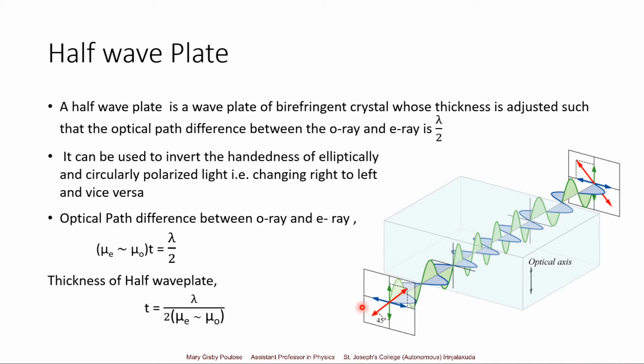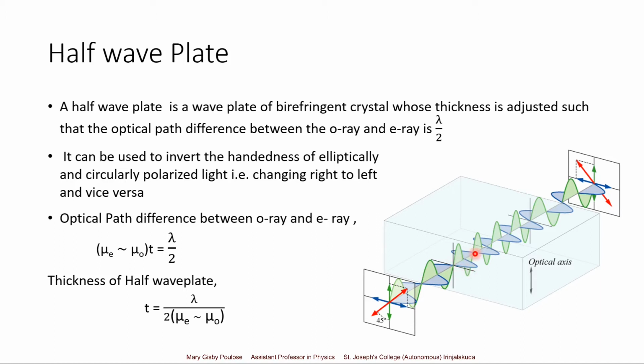In this figure, we can see that if we have a right-handed linearly polarized light, in order to change its handedness, we pass it through a half-wave plate. While moving through the half-wave plate, the rays split into the O ray and the E ray. The green is one ray and the blue is the other ray.